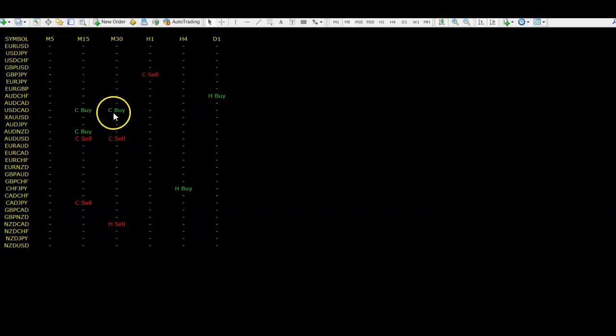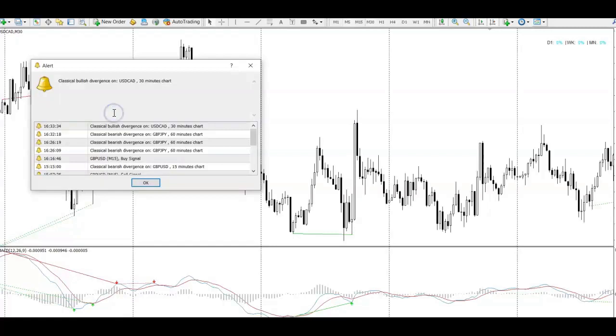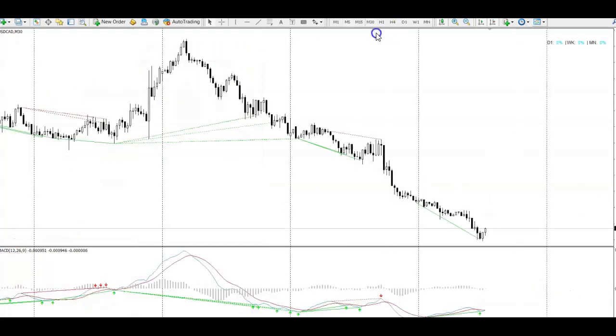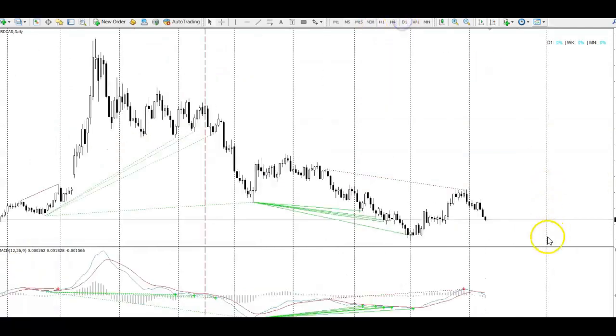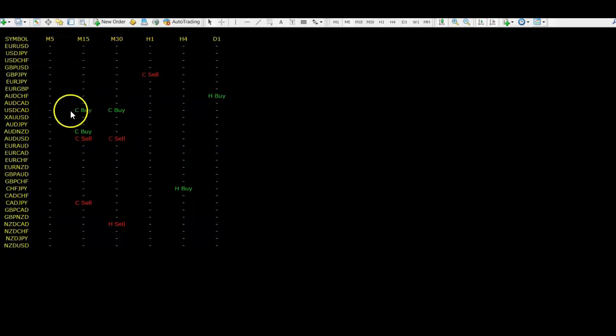You can see here in the USD CAD, this is also a trade that I've just given in my signal service. It is a buy trade. Okay, I'm looking to buy this today. We've had this huge drop down, and we've just entered my trading zone here. I've flicked over onto the charts, and I've got a divergence signal on 2 time frames. So this is a very strong classic bullish divergence.